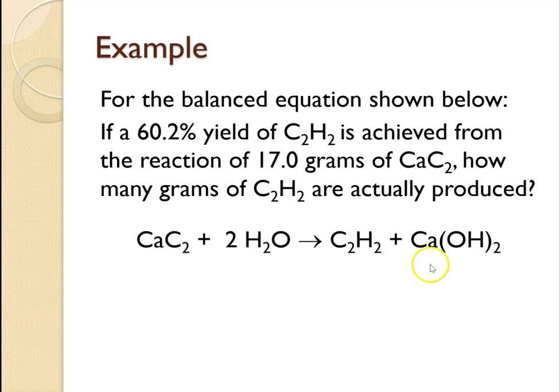And here's the example. This is a fun reaction. I've had colleagues who use this as a method of generating acetylene gas. C2H2 is a highly flammable hydrocarbon gas, acetylene. This is a method for generating acetylene gas in a laboratory. That's always fun, probably for the students, but rather terrifying for the teacher, I would think.